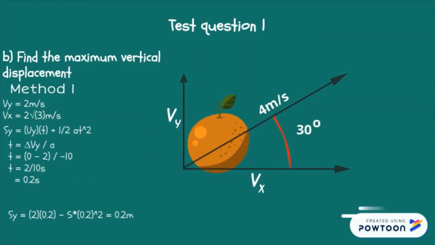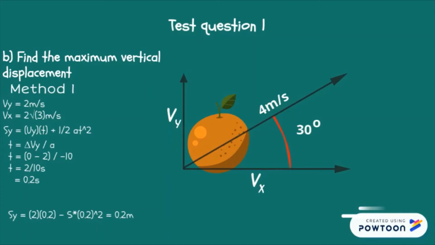So t equals the change in vertical velocity over a, being acceleration due to gravity. So we have t equals final vertical velocity minus initial vertical velocity. And your final vertical velocity when the orange is at its highest point is 0 meters per second. So we get 0 minus 2 over negative 10.